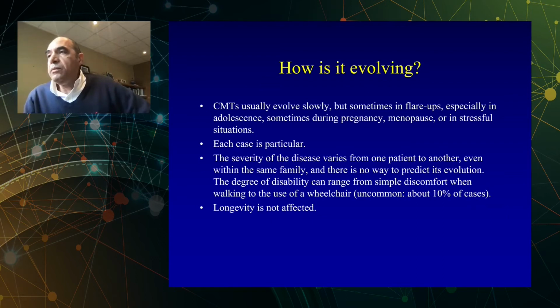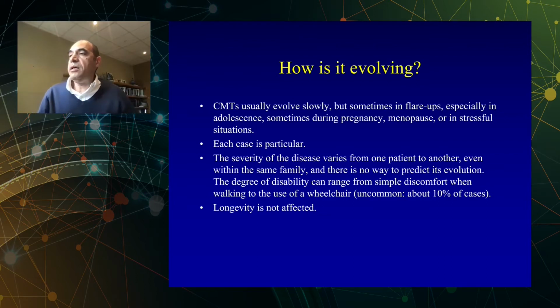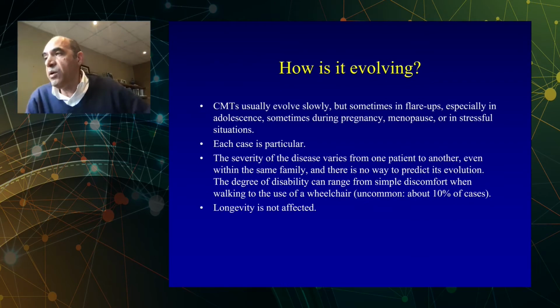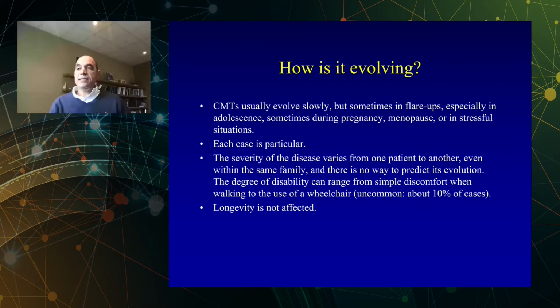So how is it evolving? CMT usually evolves slowly, but sometimes in a flare-up way, especially in adolescence, sometimes during pregnancy, menopause, or in stressful situations. Of course, each case is particular. The severity of the disease varies from one patient to another, even within the same family, and there is no way to predict its evolution.